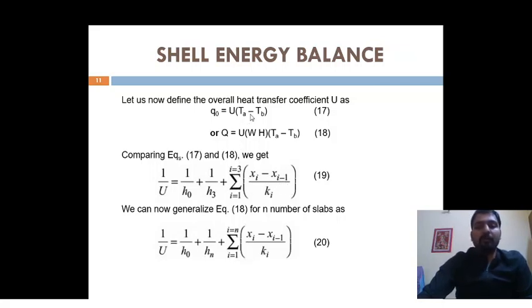From these equations we get the overall heat transfer coefficient for the composite wall made of 3 slabs. But if there are n slabs, the equation changes only in the terms: 1 upon U is equal to 1 upon h0 plus 1 upon hn plus the summation over i equal to 1 to n, where n is the number of slabs, of (xi minus xi-1) upon ki, which is equation number 20. That is the overall heat transfer coefficient for a composite having n slabs.